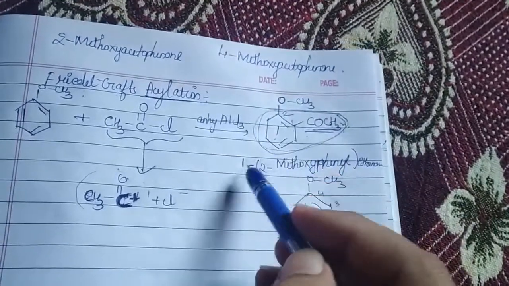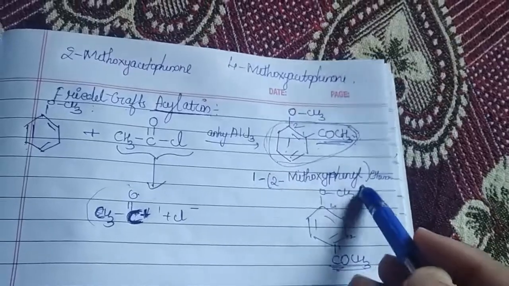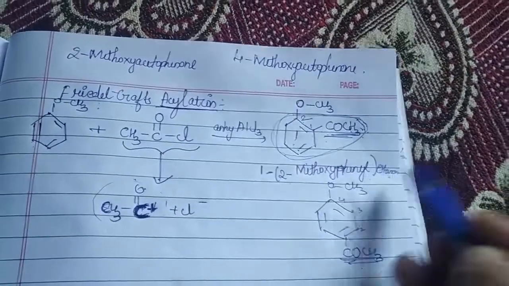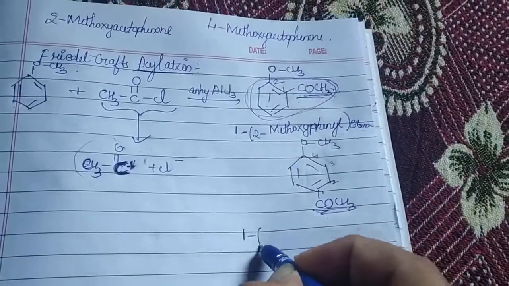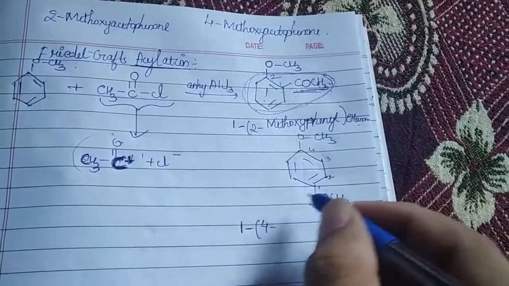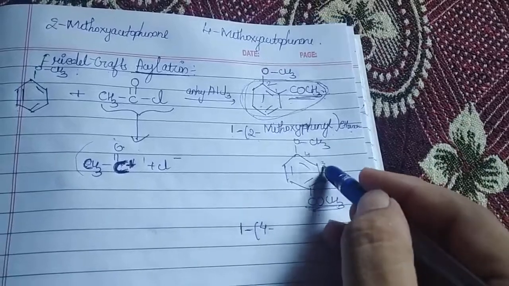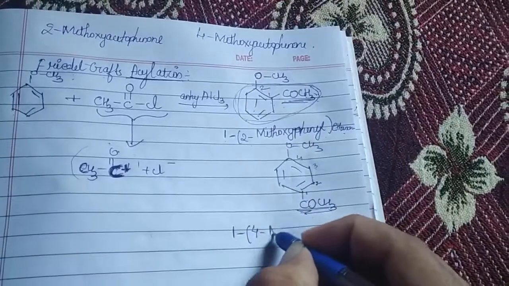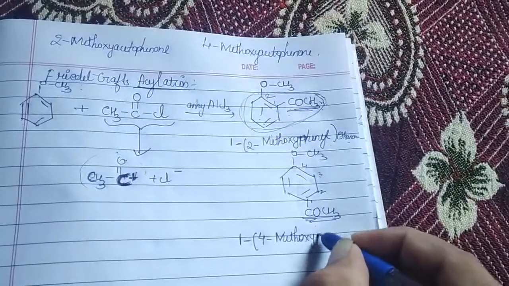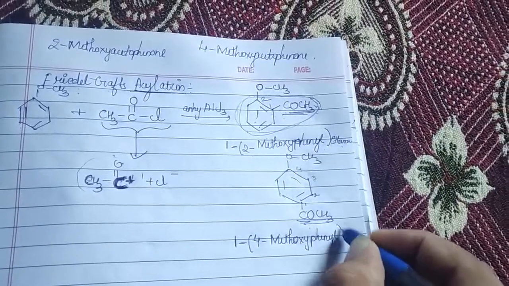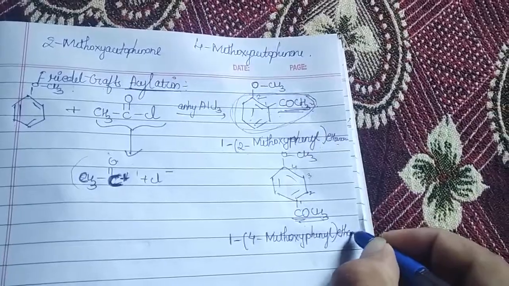So what have I written? 1-2 methoxyphenyl ethanone. Similarly, what will be its position now? Yes, 1-(4). 1, 2, 3, 4. So methoxyphenyl ethanone. Are you getting my point?